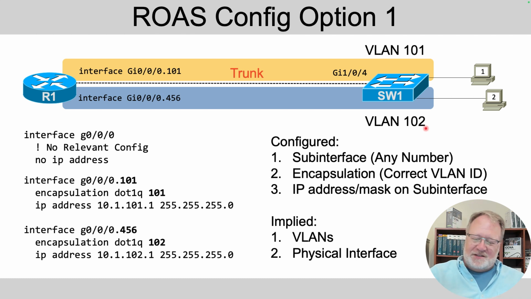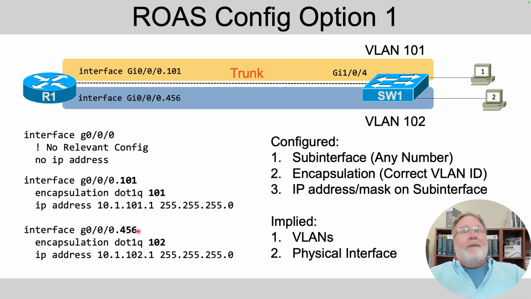Now, to complete the discussion of the config, we've got subinterface 456. Why that number? Because I just want to show that this subinterface number does not have to match the VLAN ID. The VLAN ID 102 is the number that must match what's configured over on the switch. That's the important part, if you will. In real life, yes, I would have made the subinterface 102.